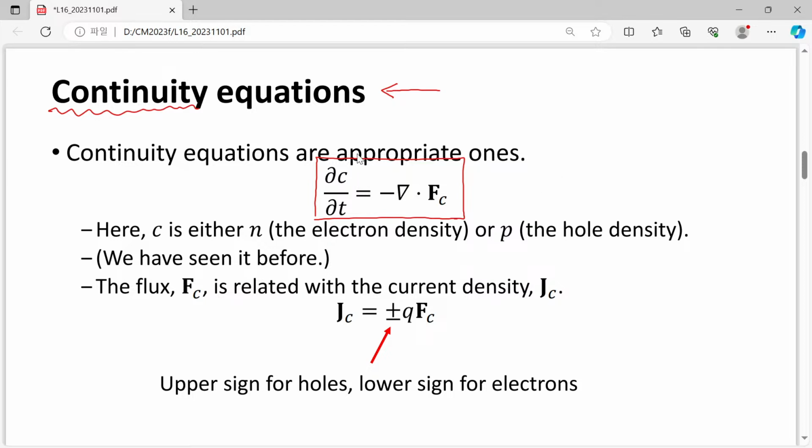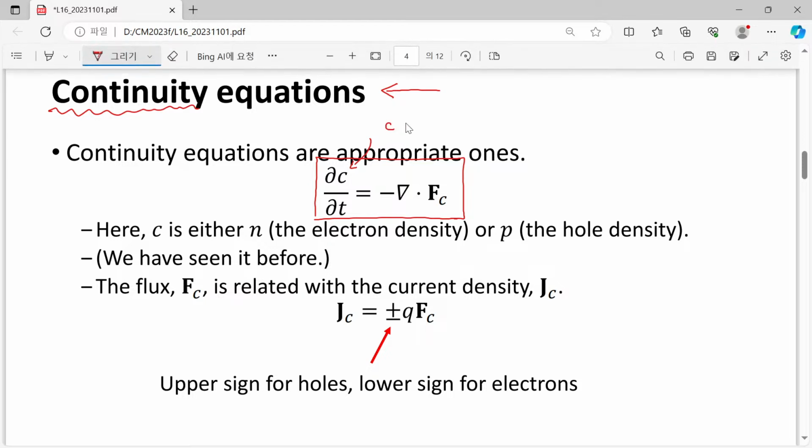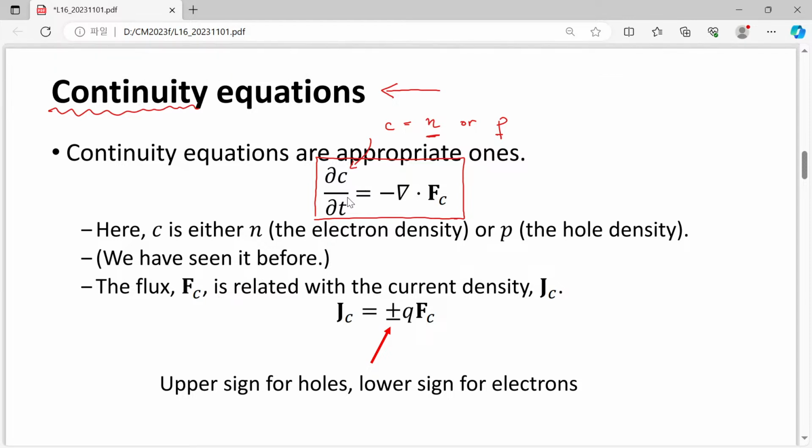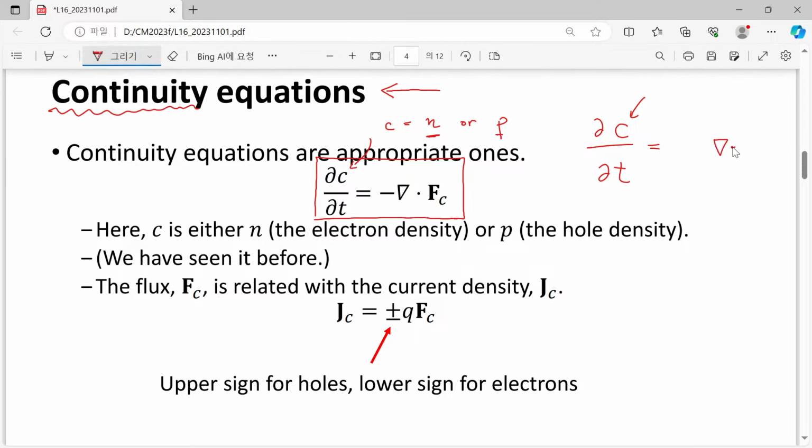Here I introduce some strange notation like C, but C can be either N or P. So electrons and holes can be combined into the same form. Simply speaking, let me write down once again: the time derivative of our carrier density can be obtained by just the flux.